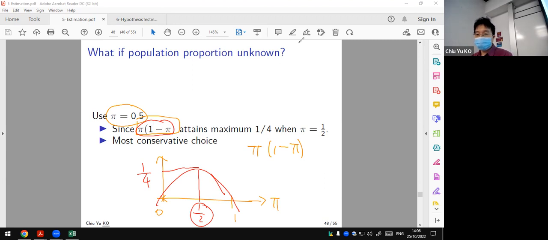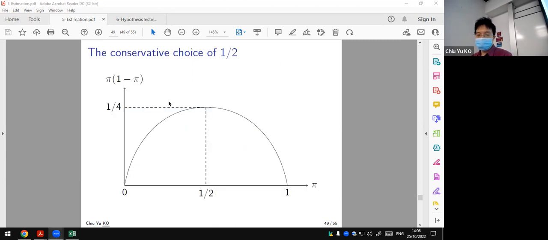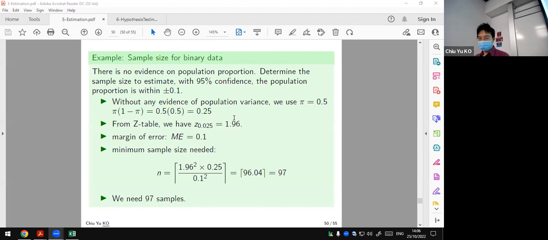Because this is the highest, we choose the most conservative one. So if we don't know anything about pi, we have a 95% confidence, and we have the proportion with a margin of error in this range. What changes from the last question is only the first one: pi is 0.5.